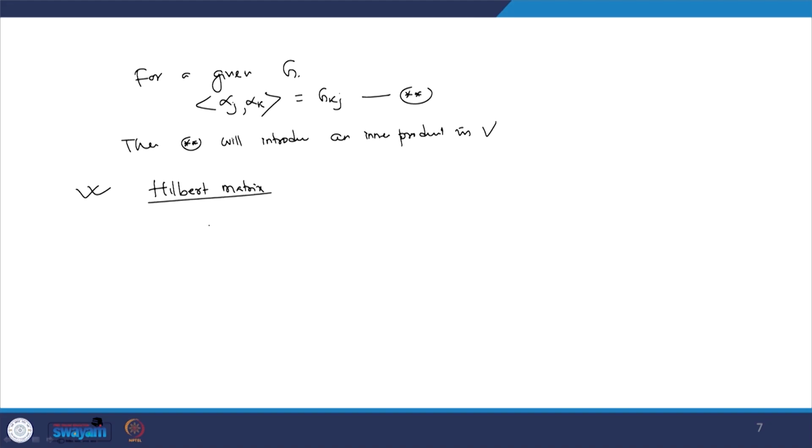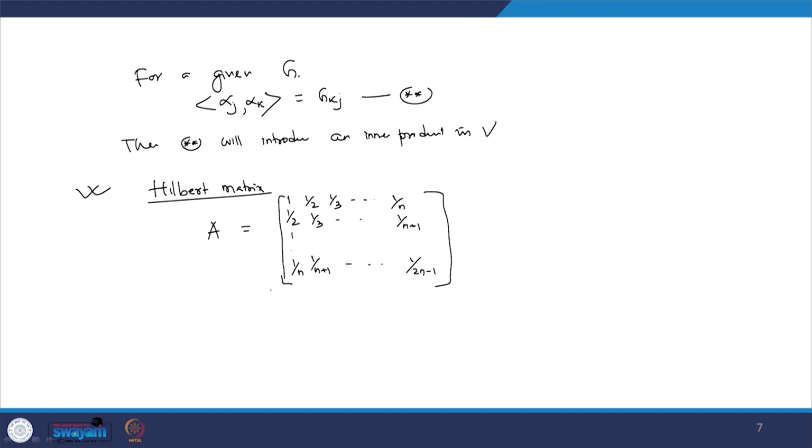The Hilbert matrix is defined like this, say capital A equal to 1, 1 by 2, 1 by 3, up to 1 by n; then 1 by 2, 1 by 3, up to 1 by n plus 1; and so on, continuing up to 1 by 2n minus 1. Now, this is a standard n cross n Hilbert matrix.